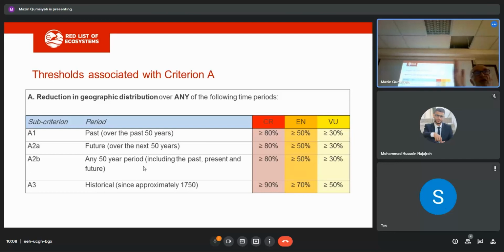It could be the 25 last years and the 25 next years, with, again, exactly the same threshold. And a third one is the historical reduction of an ecosystem, so since approximately 1750. This is very difficult to apply.